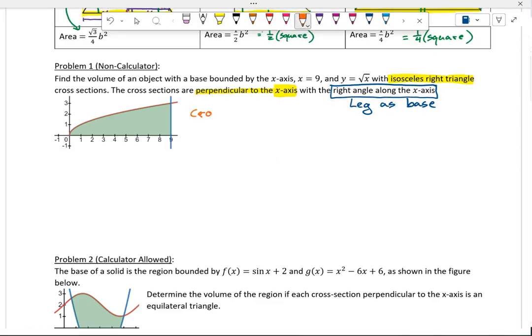So our cross section is going to be that right isosceles triangle. These 2 are congruent, and that's my b. That b is going to be, which one is it going to be? Top minus bottom or right minus left on this one? So we're going to have top minus bottom. That's going to be my b. Okay? Well, what is my top?